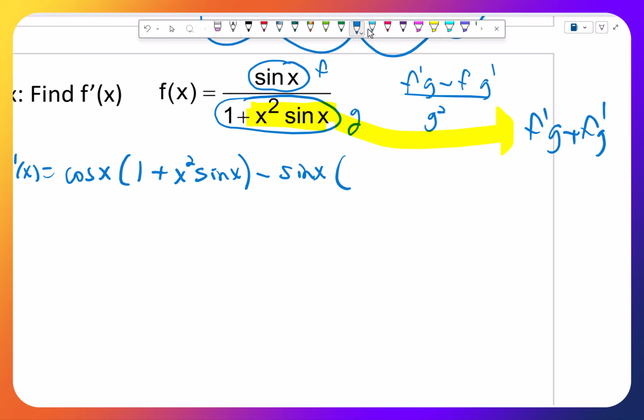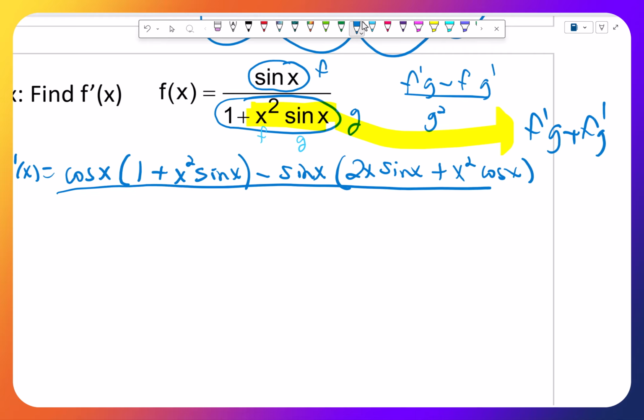This is so exciting. Okay, so this would be F and this would be G in my product rule scenario. So that would be F and that would be G. Okay, so the derivative of x squared is 2x, copy paste the sine, plus, copy paste the F. The derivative of sine is cosine.